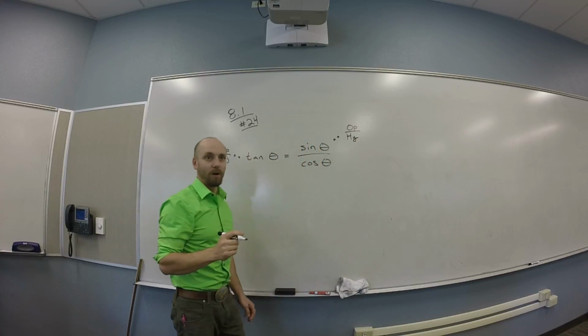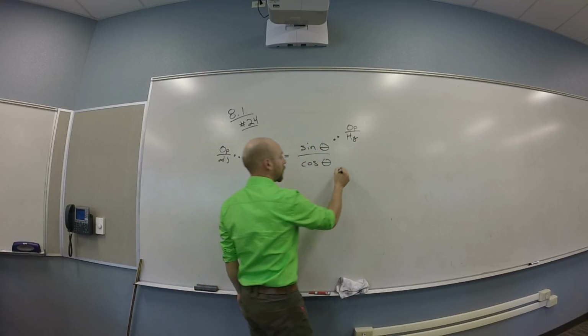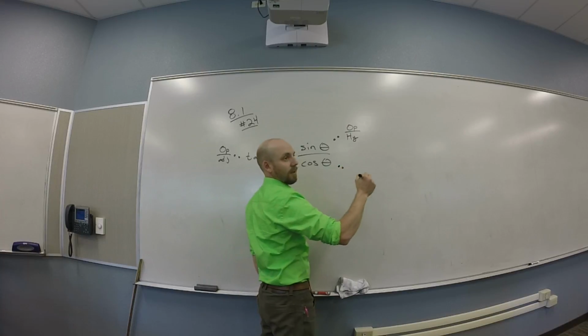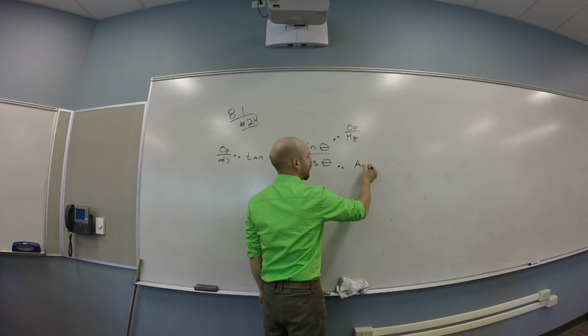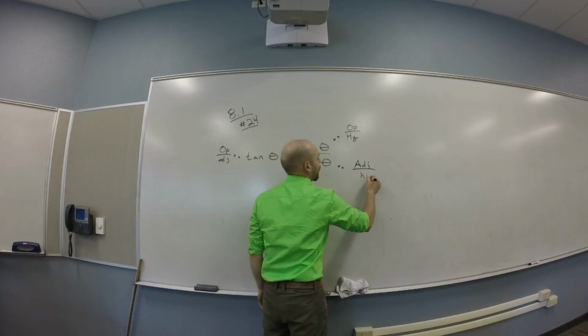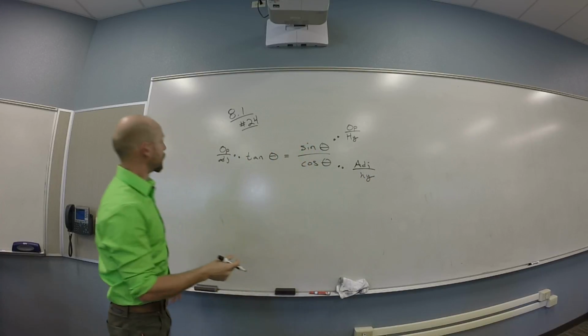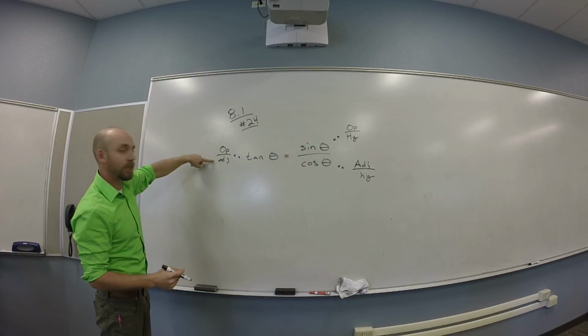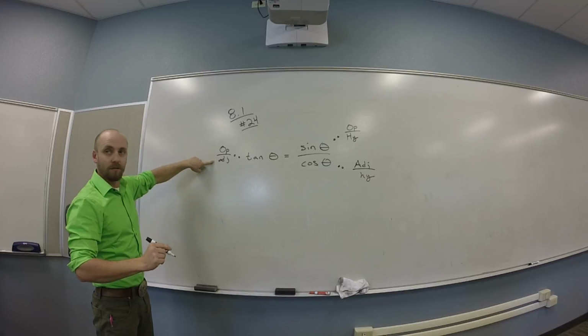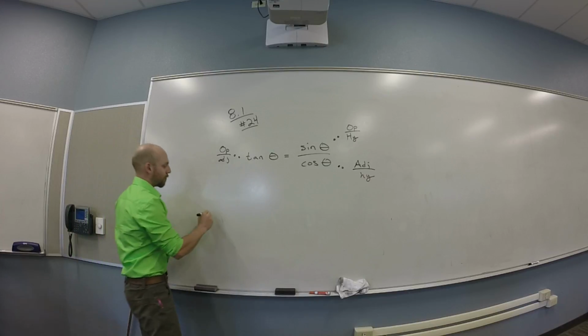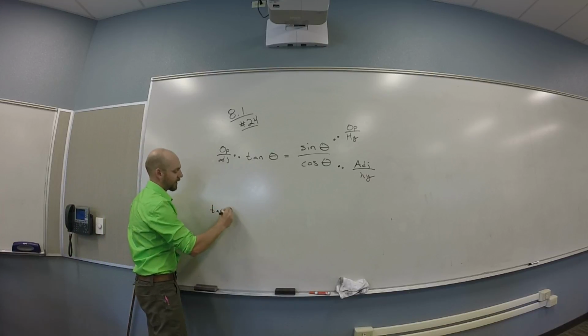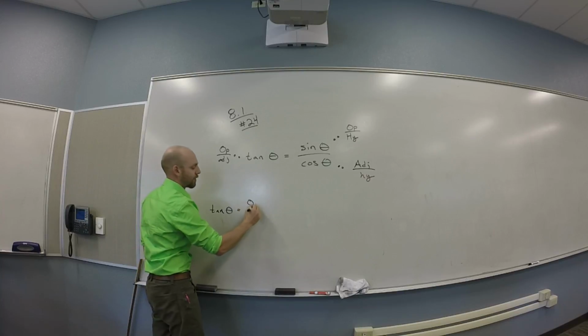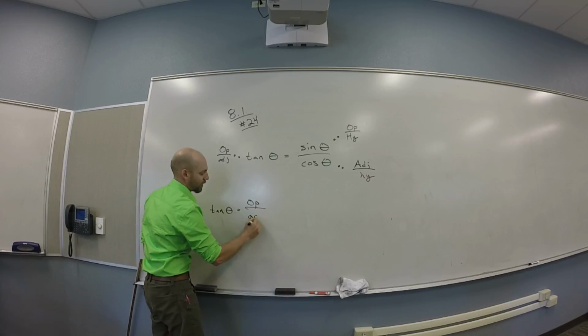The SOH part. And then cosine is the adjacent over the hypotenuse. Okay, so I see an opposite and adjacent, right? You guys see that? So I'm going to say tangent of theta is the opposite over the adjacent.